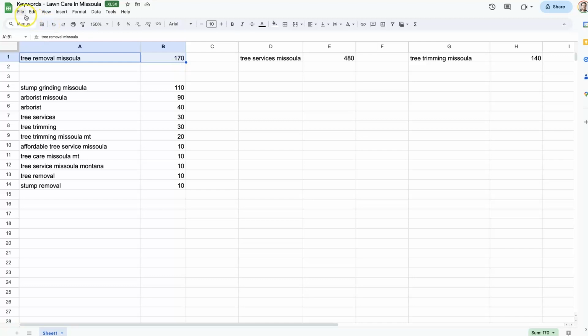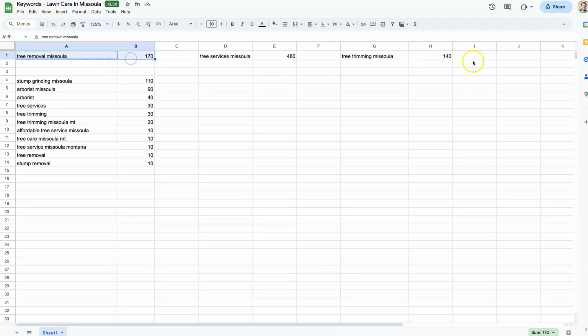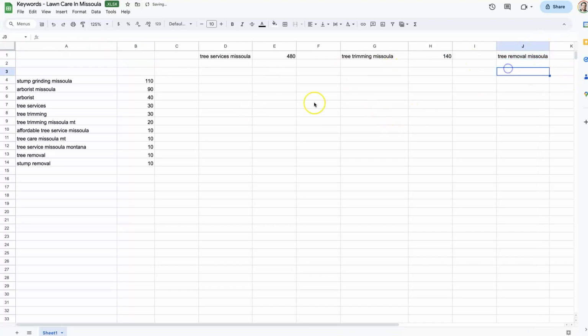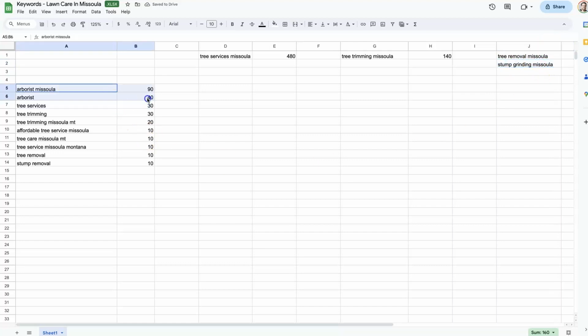So we can start to break these out into smaller categories where the keywords are kind of in groups. So tree removal would also sort of include stump grinding. That could also be its own category, if you will. Arborist is its own term that people are using.